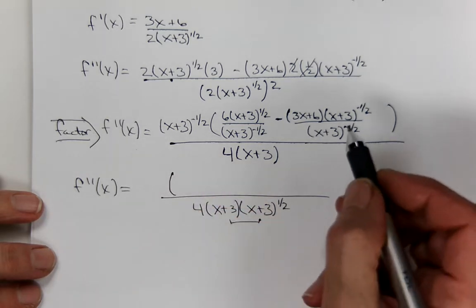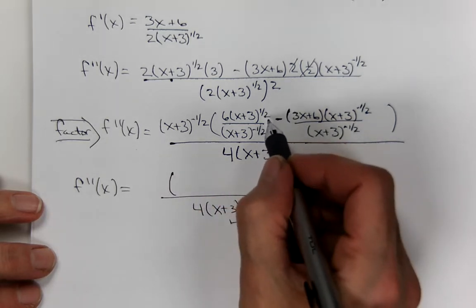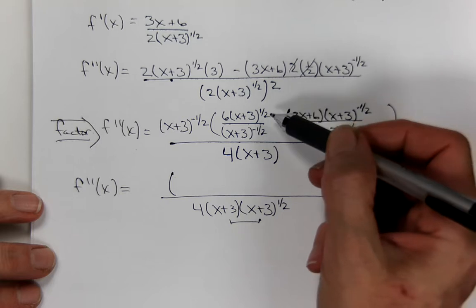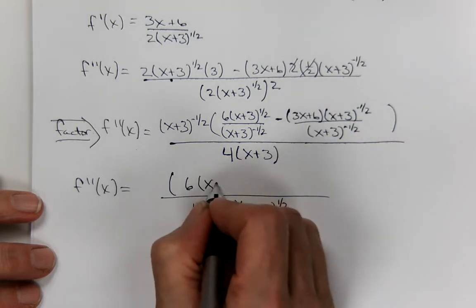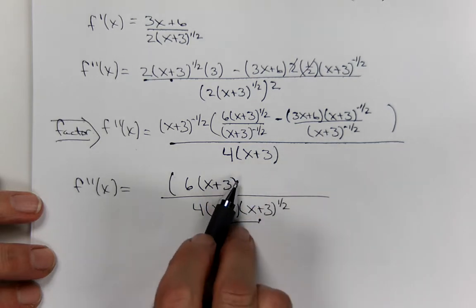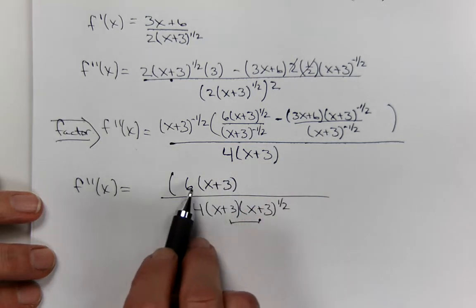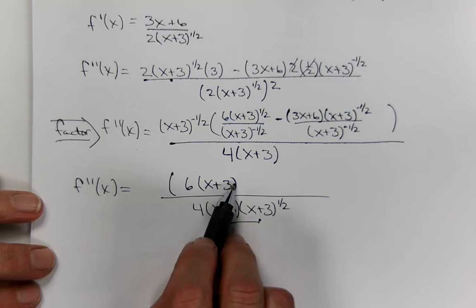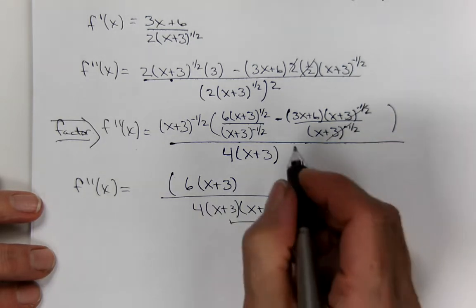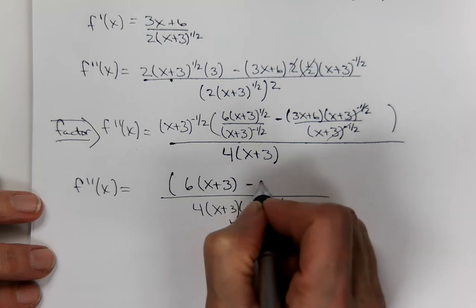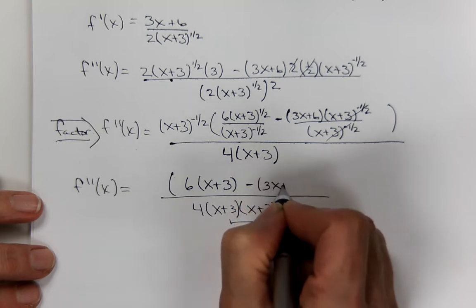Inside our parentheses, the exponents being subtracted, it's 1/2 minus negative 1/2. So you have 6 times x plus 3. And because there's no exponent on there besides 1, you can now distribute. If there were any other exponent, you couldn't. And then the next term, the x plus 3's to negative 1/2's cancel. So we have minus 3x plus 6.